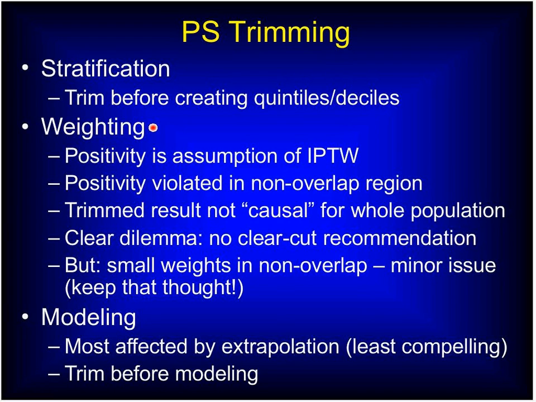So that result, however, and that's what John mentioned in the introduction, is not causal anymore for the whole population because you're excluding some people of the population. So we have a dilemma here that we cannot resolve.